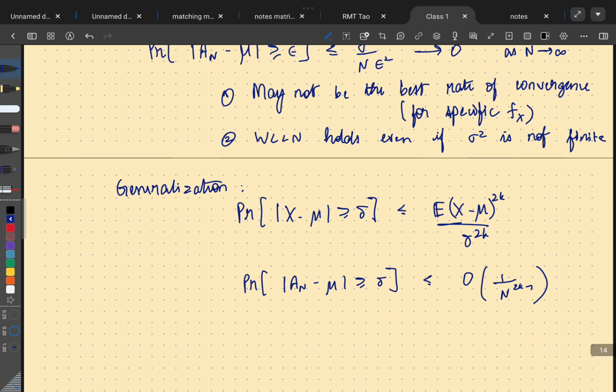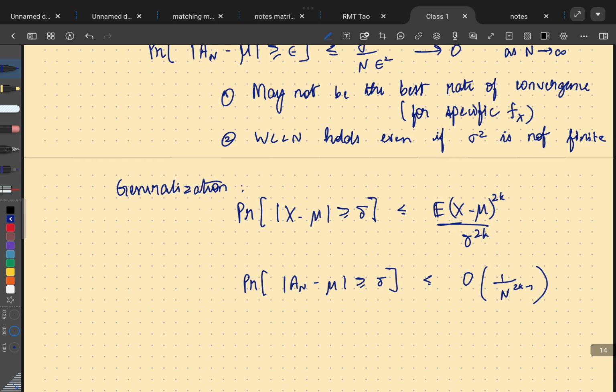So if you take the second moment, it decays at the rate of 1 by n. Correct. If we generalize it and take k to be large, then 1 by n to the power 2k minus 1 will become small. So the convergence rate will be faster than 1 by n.